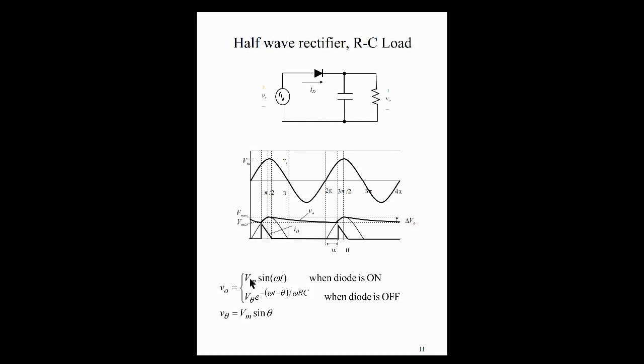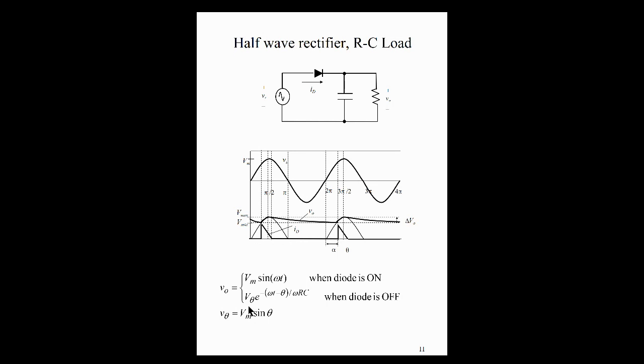It's just Vm sine omega t for this portion. In this region, when it is decreasing, that's an exponential decay.